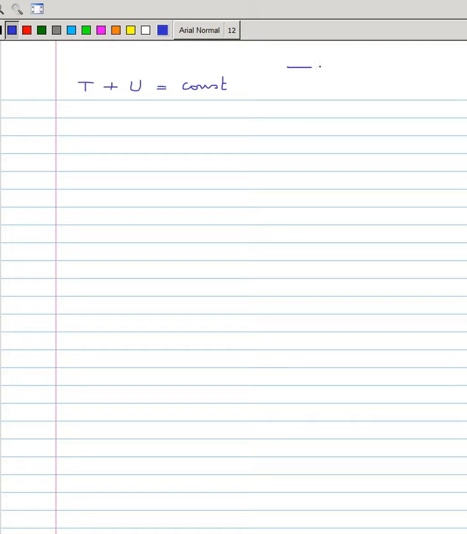Now suppose you have a spring mass system where the total energy is conserved because there is no dissipative mechanism here. And from the static equilibrium position you measure x.